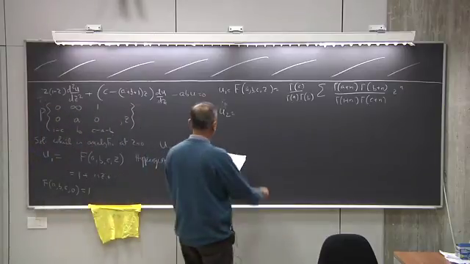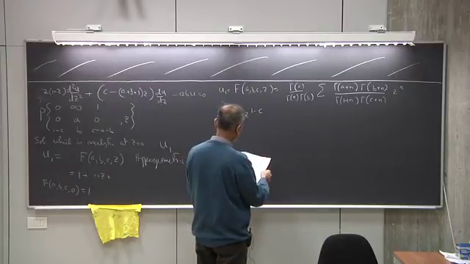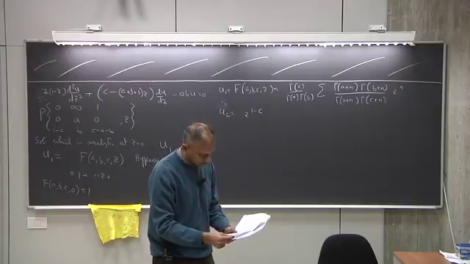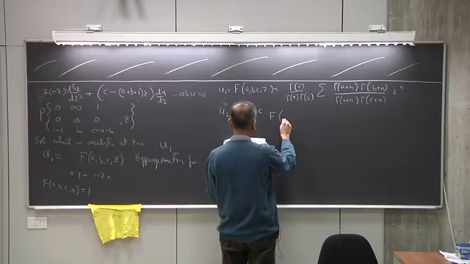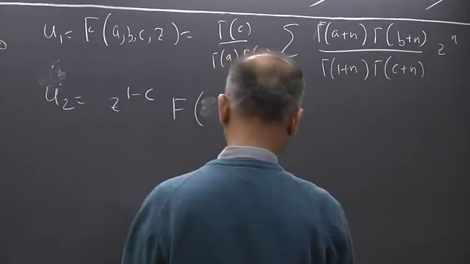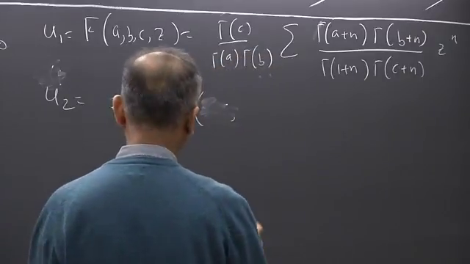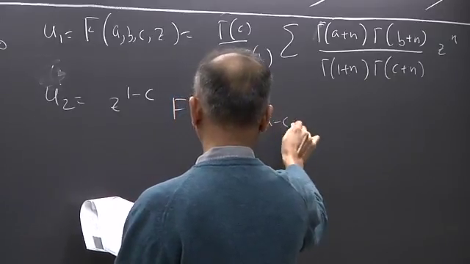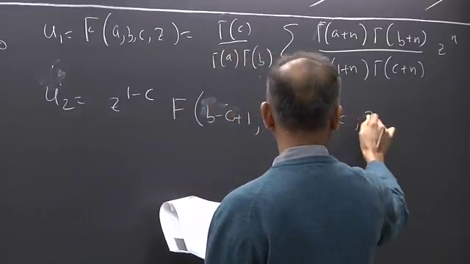It was again another hypergeometric function, F(b minus c plus 1, a minus c plus 1, 2 minus c, z), multiplied by z to the 1 minus c.